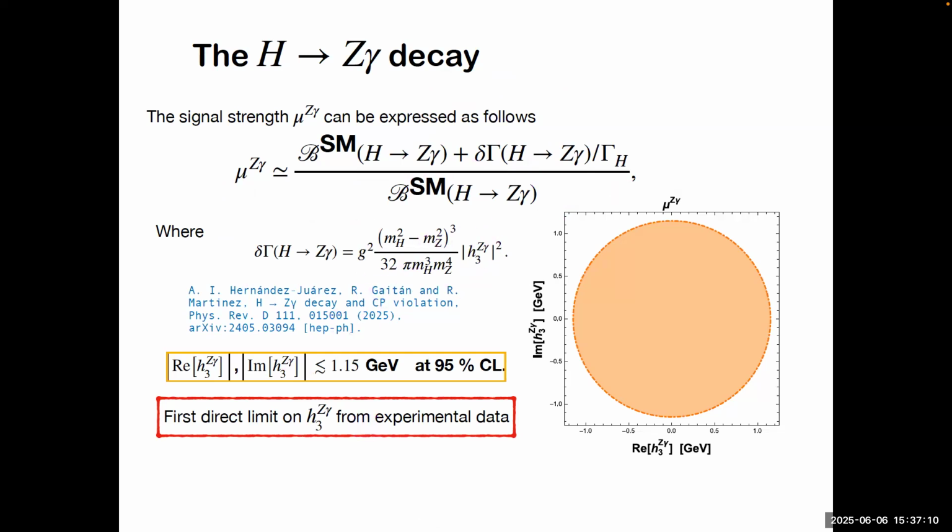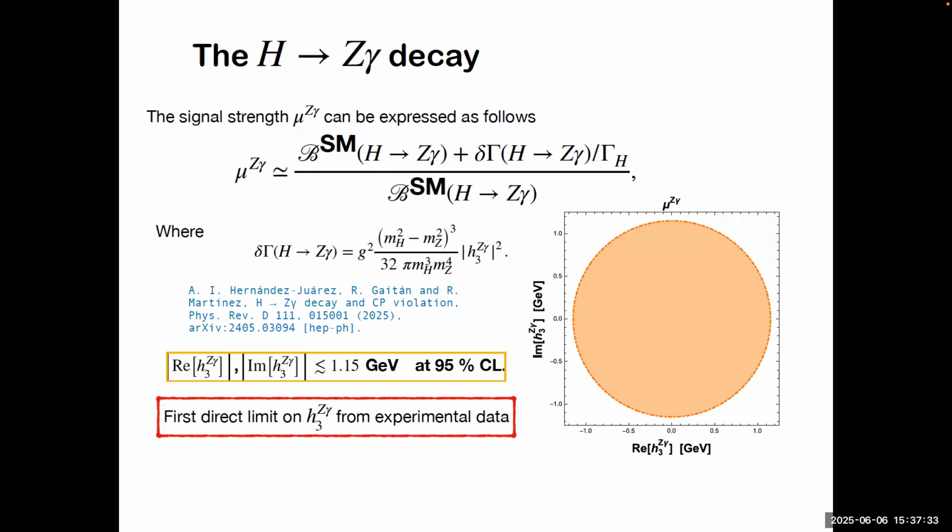Using the results from the LHC, we have obtained bounds for the H3 form factor, which again is related to CP violation. The results are the first bound obtained through experimental data for this form factor.